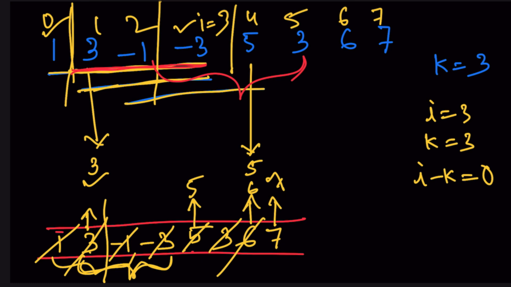So what we are doing is, we have a data structure. For any index, when we are adding that element, we are removing elements from the left side where i minus k is less than or equal to 0. And from the right side, before putting that element into the data structure, we are deleting all the elements that are lesser than the current element, because we don't need them.